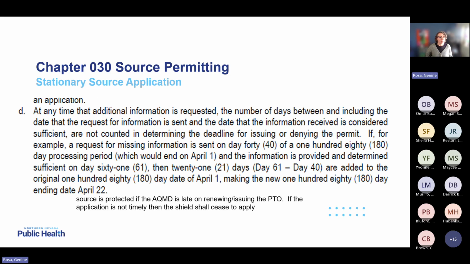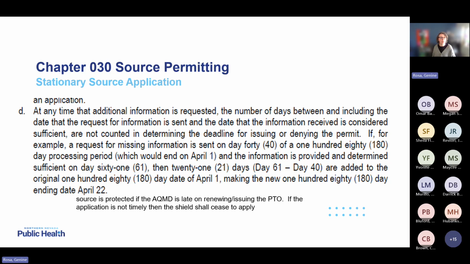So application processing. Like I mentioned before, we have up to 180 days after receiving a complete application to either issue or deny. We do an administrative completeness determination within 30 days of receiving your application, and I'm going to go over what a complete application looks like.